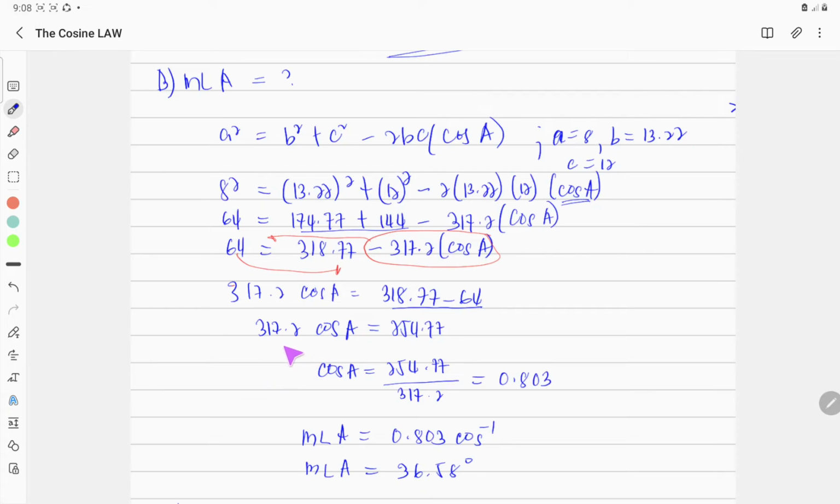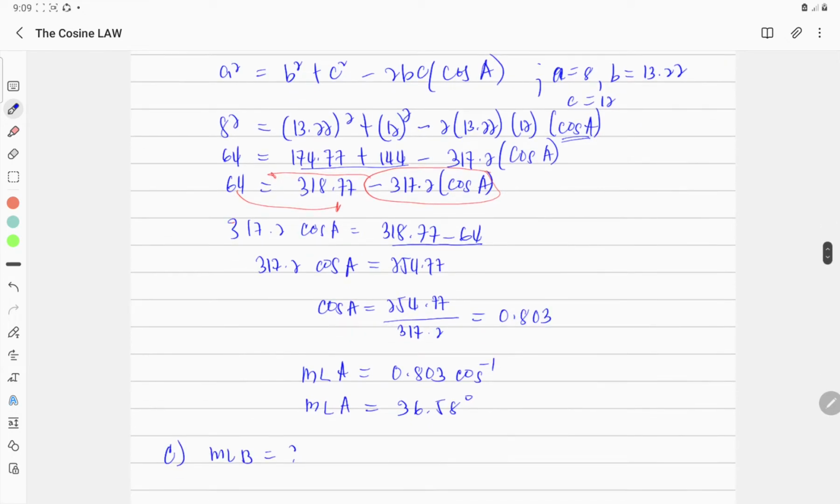In order to drop the coefficient of cosine A to 1, we divide both sides of the equation by 317.2. So they cancel, and it gives us the value of 0.803. So cosine A is equal to 0.803.